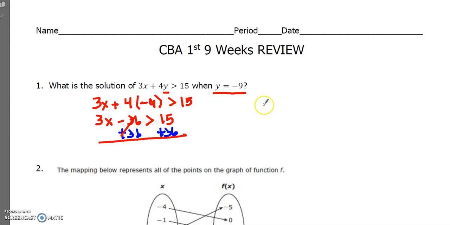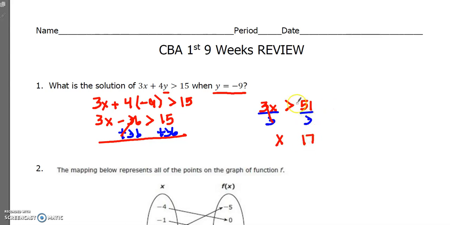The 36 is gone, and that leaves us 3x is greater than 51. And then we're going to divide by 3 on both sides. And 51 divided by 3 is 17.